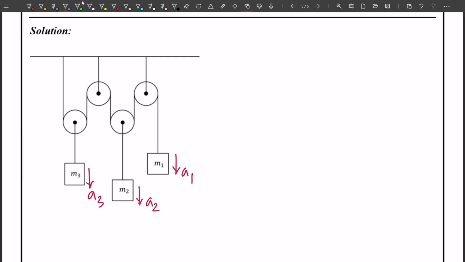So let's mark the tensions now. We have one string throughout the system, so the tension will be the same everywhere, T, T, T, and here tension T. So now applying our constraint relation, from here we will get, for the first mass m1 the tension is T, the acceleration is a1 but in the downward direction, so the angle between them is 180. On the dot product there will be cos 180, so negative.